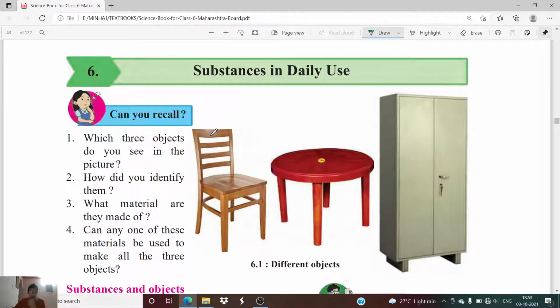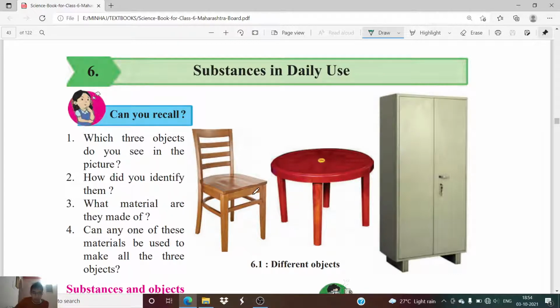Now, in the picture you can see there are three objects over here. What are those three objects? This is the chair, this is the table, and this is the cupboard. How have we identified whether the given objects are a chair, table, or cupboard?